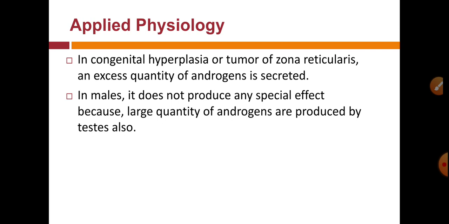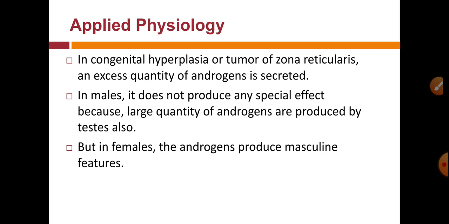In females it will cause some symptoms, but in males it does not produce any special effect because a large quantity of androgens is produced by the testes also. So in males it does not produce any special effect, while in females androgens produce masculine features. So this is about the applied physiology of adrenal sex hormones.